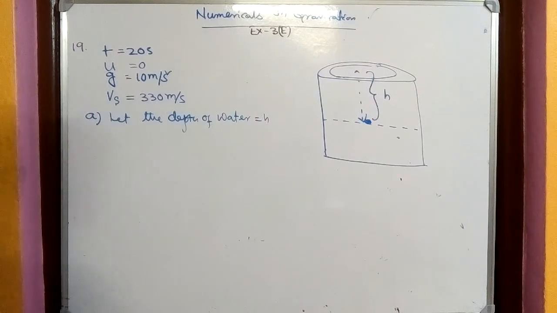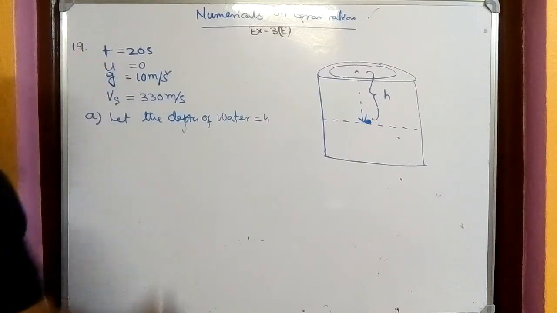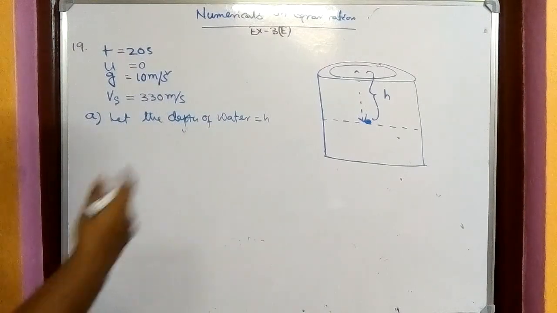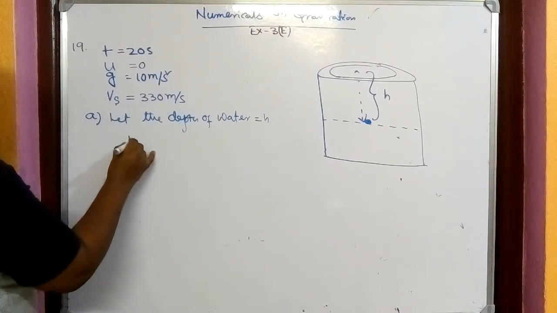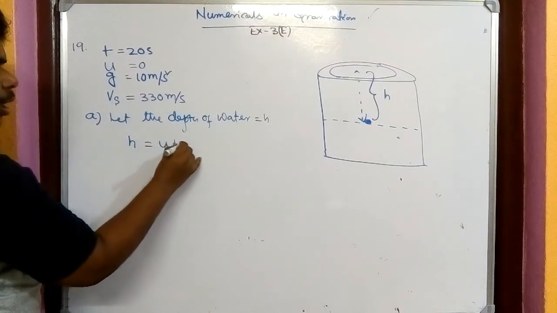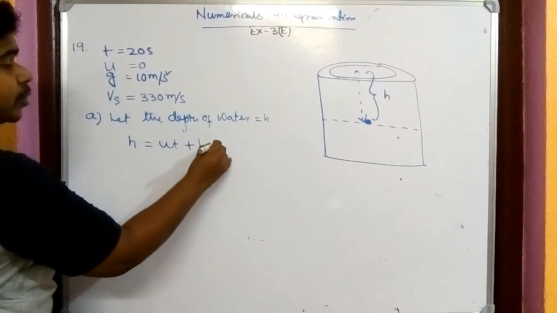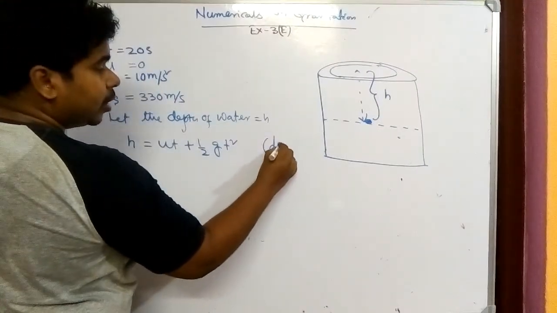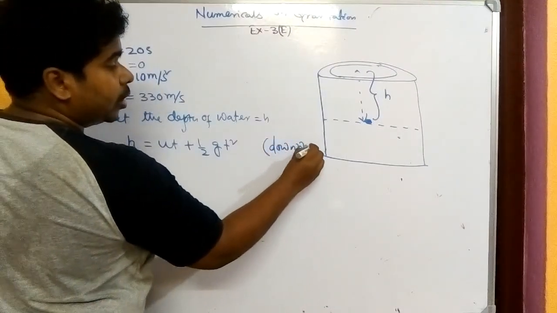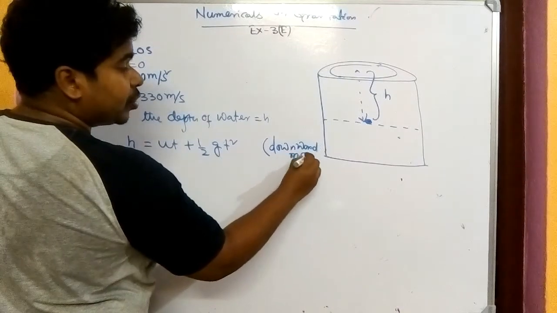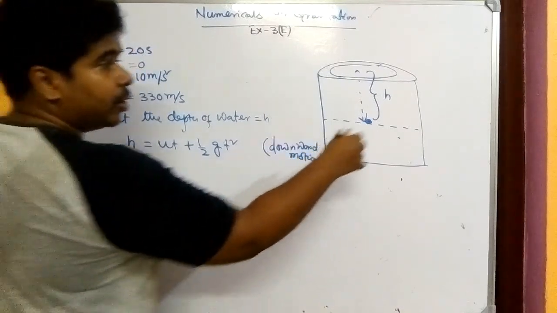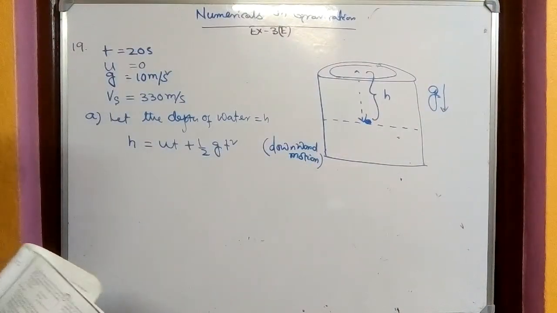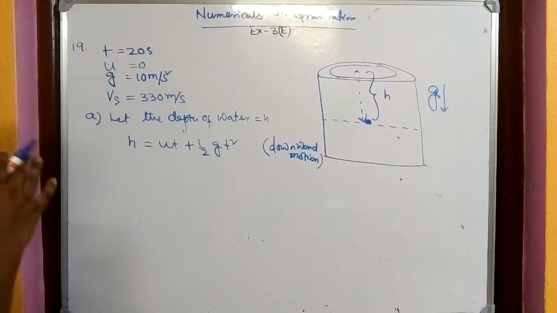What things are given to you? t is given, and it is coming downward, so it is a downward motion. Which equation do we have to use? Simple thing: h equals ut plus half gt square. Why plus? Because it is a downward motion. In a downward motion, the direction in which the stone has come and the direction of gravitational acceleration are the same. That's why we have taken it positive.